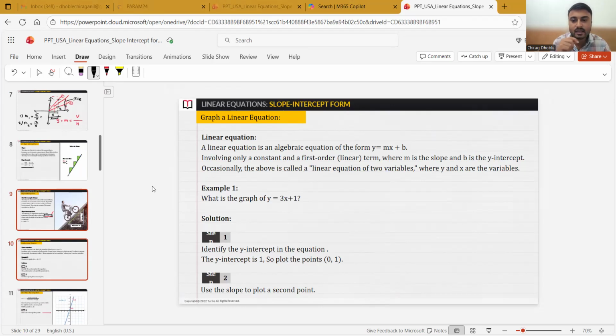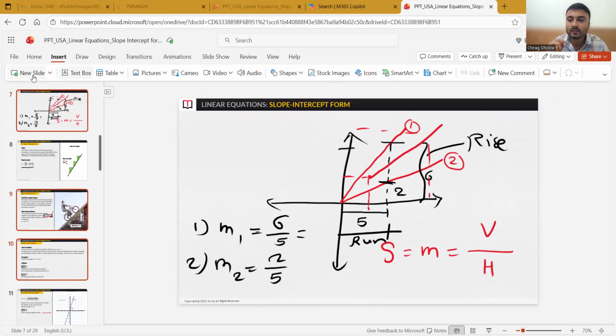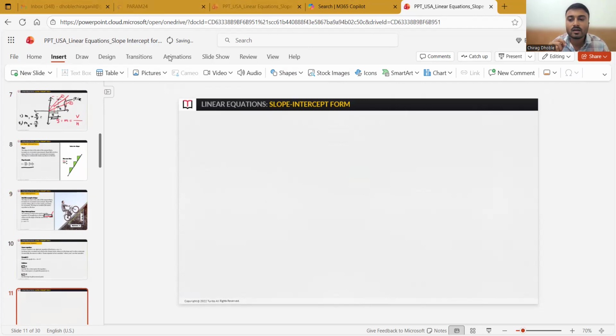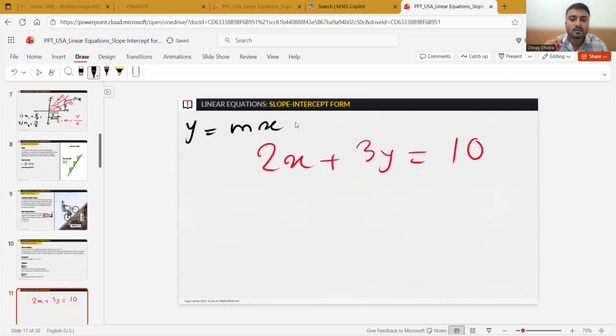Let's say I have an equation in general form as 2x plus 3y is equal to c, that is 10. Now, how can I write this in slope intercept form? Nothing difficult, just rearranging the terms. I want it as y is equal to mx plus b.